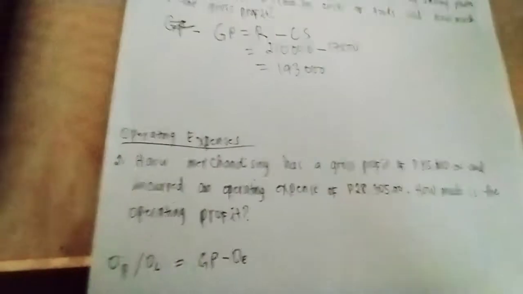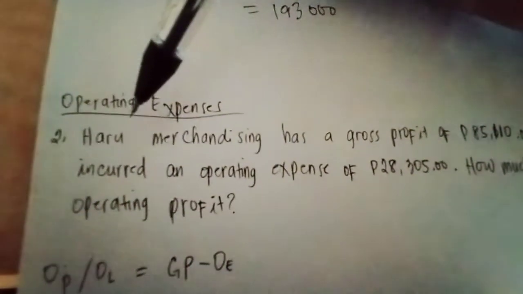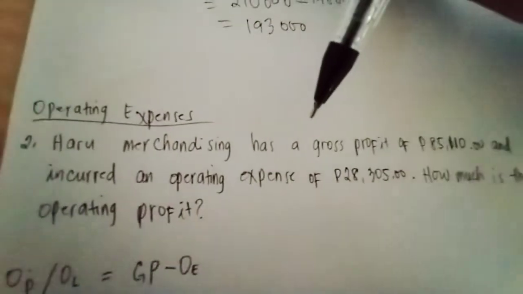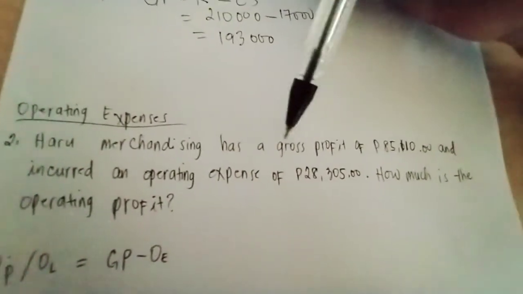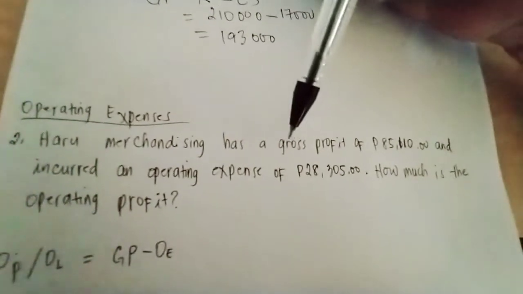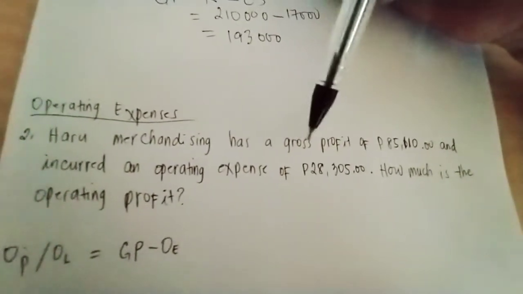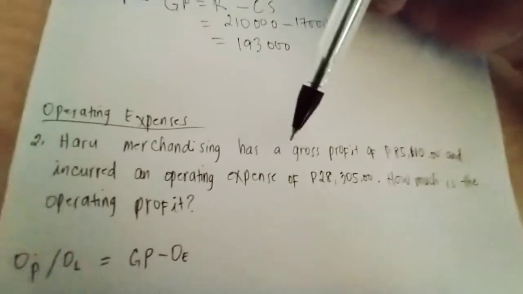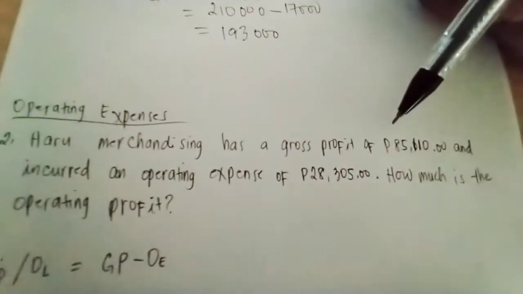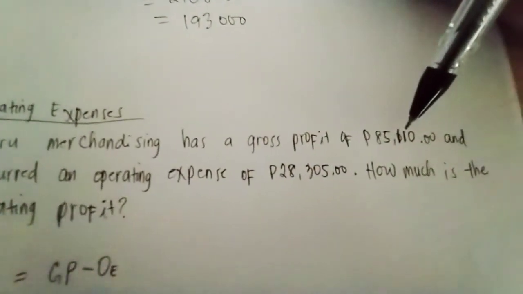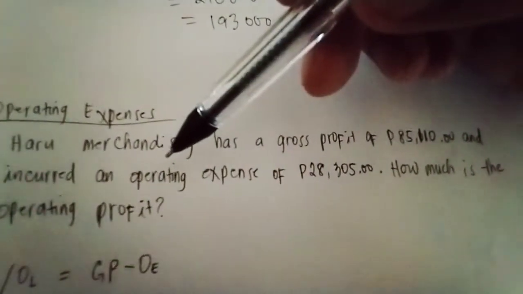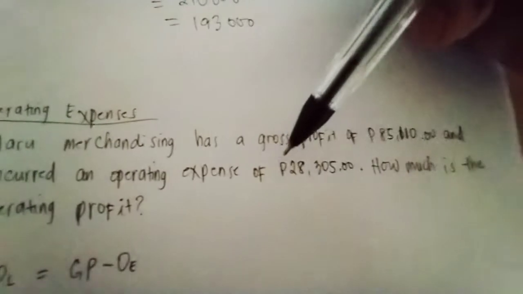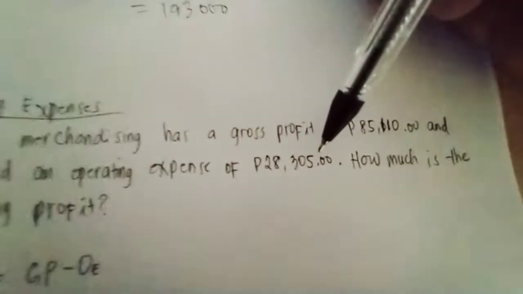Okay? So, eto siya. Example, Haru Merchandising has a gross profit. Pag sinabing gross profit, lahat ng kinita mo. Okay? Hindi pa bawas din yung mga expenses. So, gross profit yan, of 85,110 pesos and incurred an operating expense of 28,305.